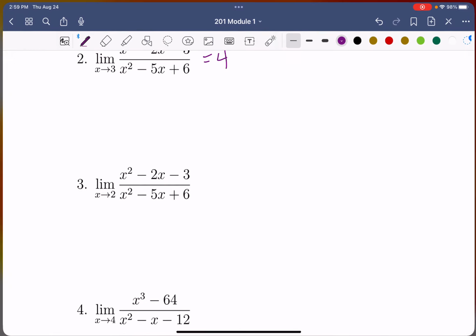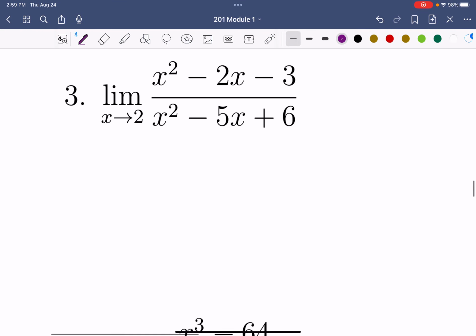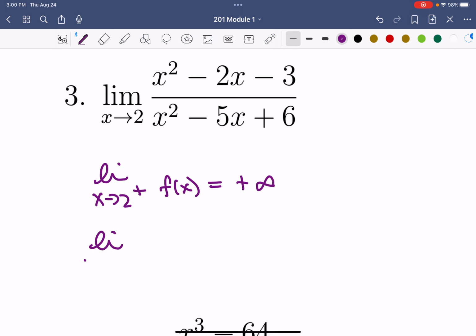infinity. And so what happens with this one is you get the limit as x goes to 2 from the right of this function was positive infinity. And I'm writing the plus there for emphasis, so you don't need it. And the limit as x goes to 2 from the left was negative infinity, right?